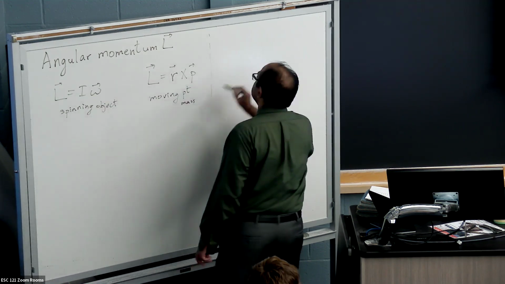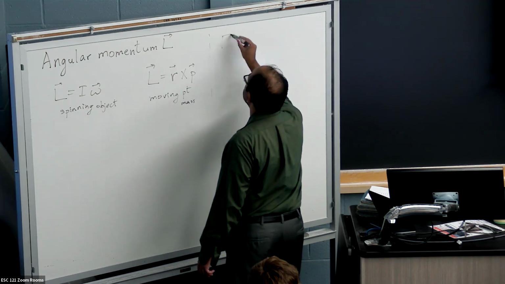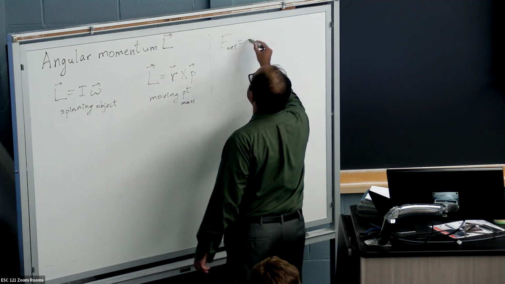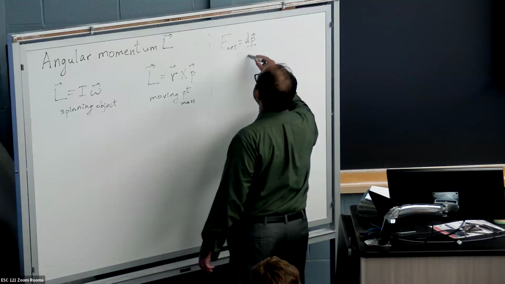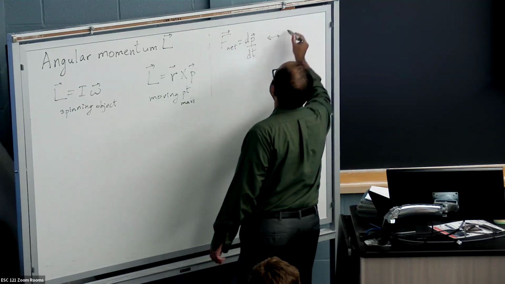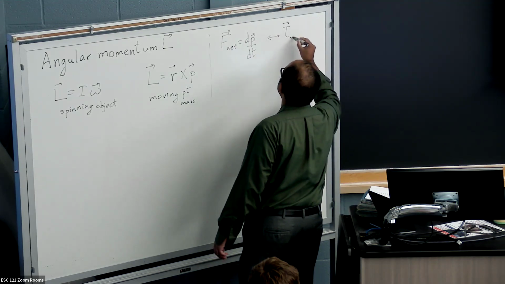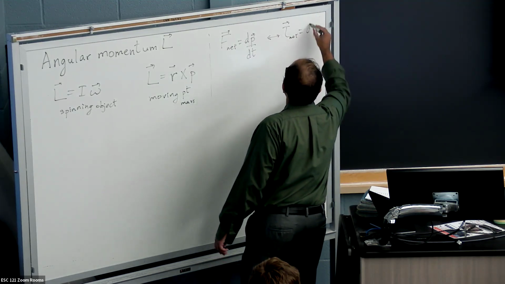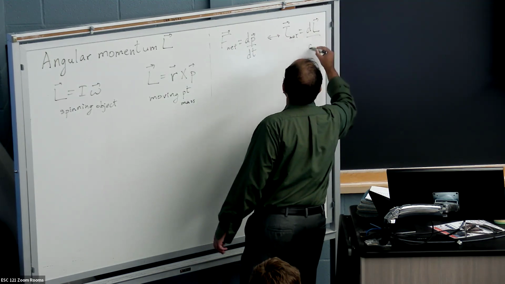We also talked about the relation with torque. So just like we have F net equals dp/dt, we have tau net equals dL/dt.